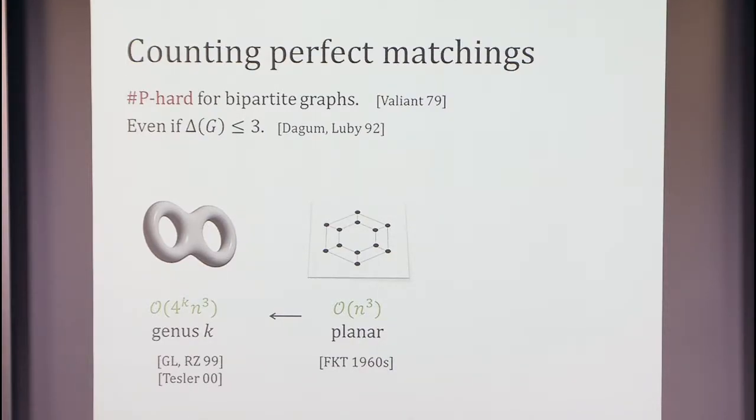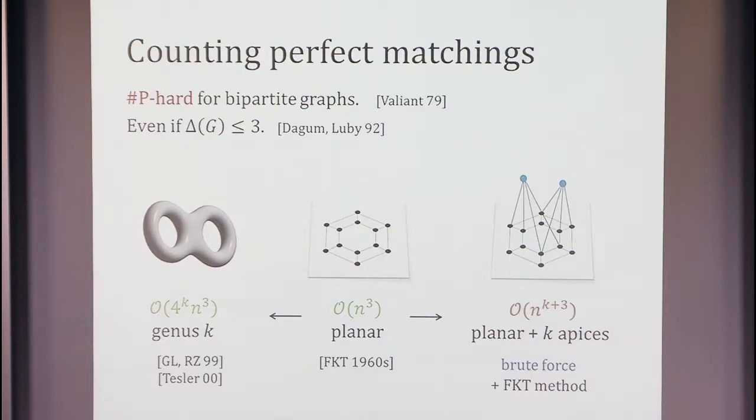There's another parameter that could be interesting, or actually, we can just generalize this planar algorithm in another way. That would be to a planar graph which has k additional apices. This just means that we have a graph which is planar after deleting this set of blue vertices, which are called apex vertices. Let's assume that we are given these k apex vertices together with our input. Then you can actually get an algorithm that runs in time n to the k plus 3 just by applying brute force and the FKT method.